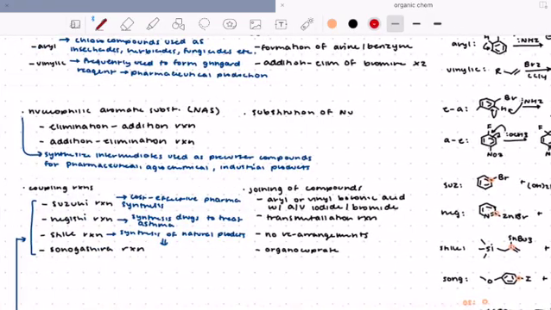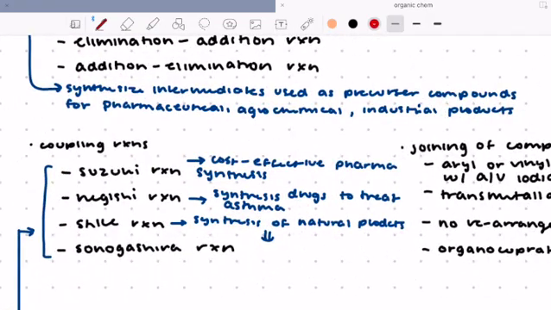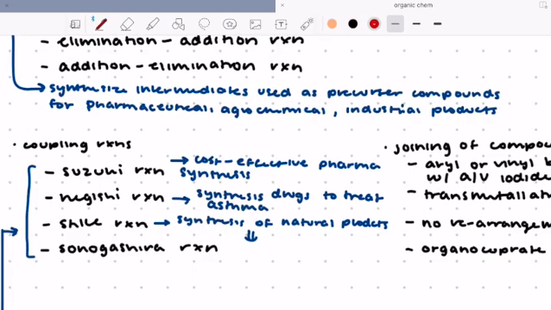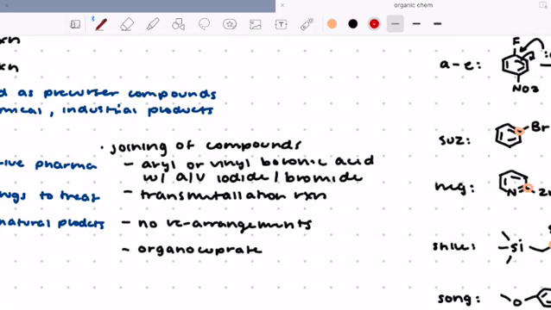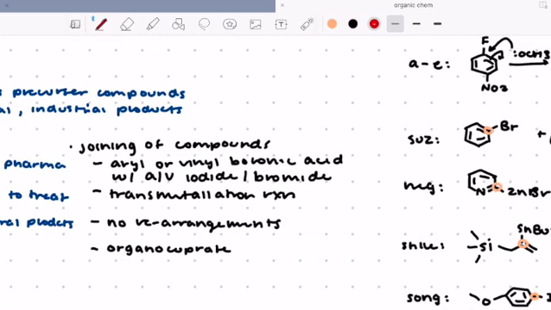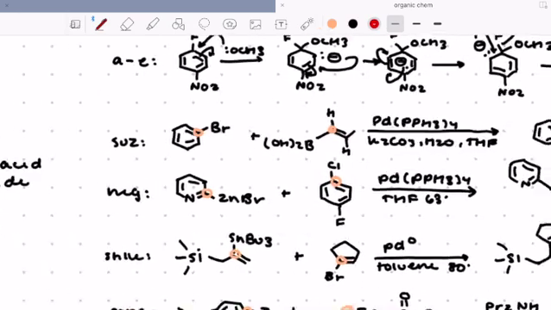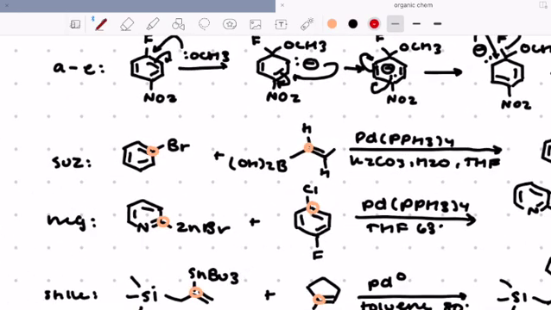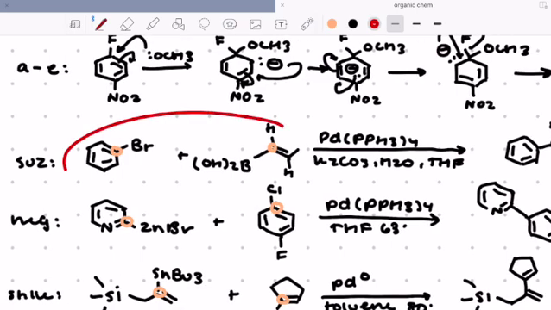Next, we're going to be taking a look at coupling reactions. For the Suzuki reaction, it's characterized by an aryl or vinylic boronic acid with an aryl or vinylic iodide or bromide. You can see here that we're going with bromine, and we're going to try to couple these two compounds.